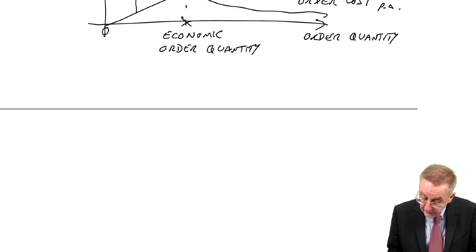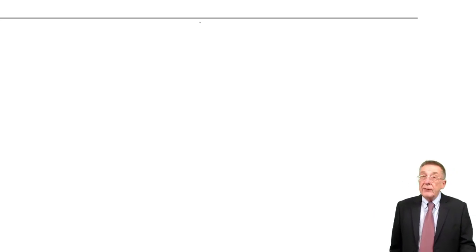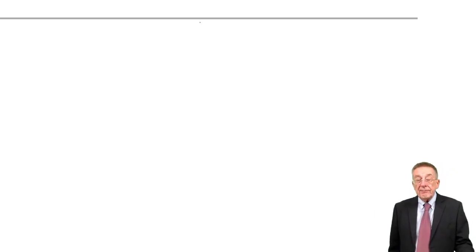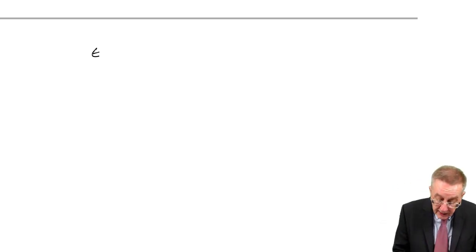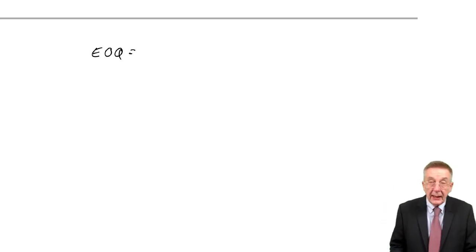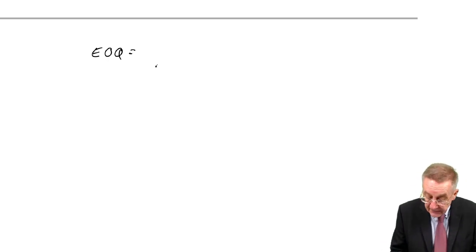And the formula, it's printed there in the notes as well as on the formula sheet. The only thing is, which is a bit annoying, I always think, is although they give you the formula in the exam, they don't tell you what the symbols mean. So you do have to remember that and then be able to use your calculator. But the economic order quantity, as you can see, is the square root of 2C0D over CH.